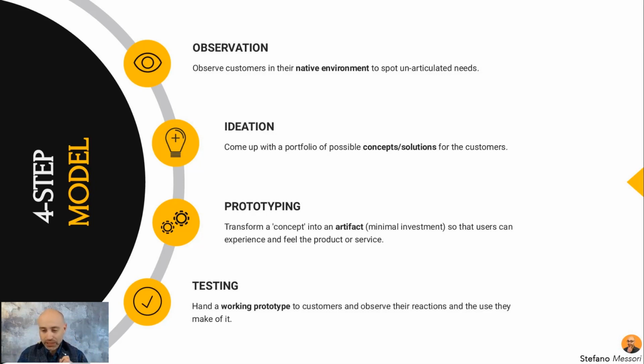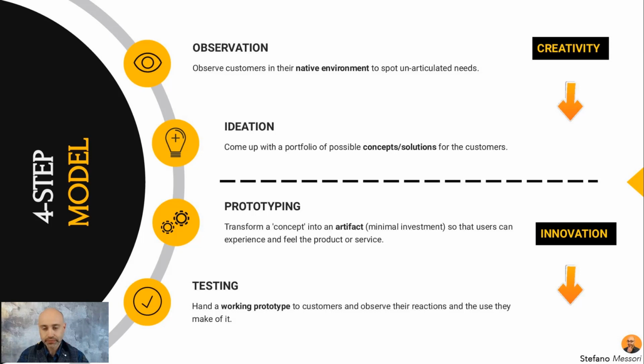But now let me tell you that there is a level deeper to these four levels. And what I want to show you here is how there is a difference between the creative part of design and the innovation side of design. What happens in the first two steps? We are using creativity.